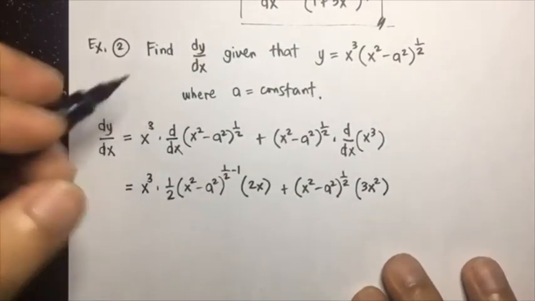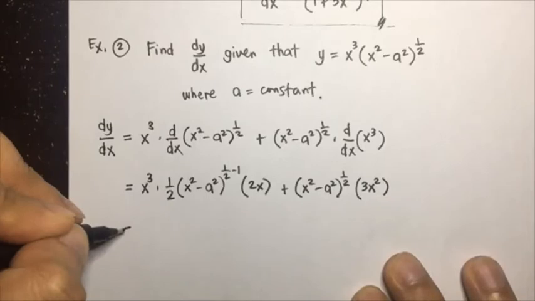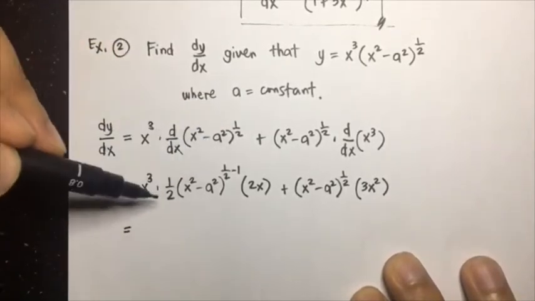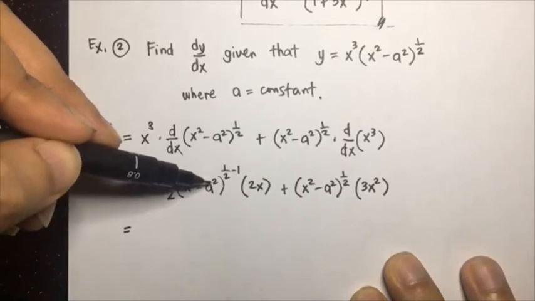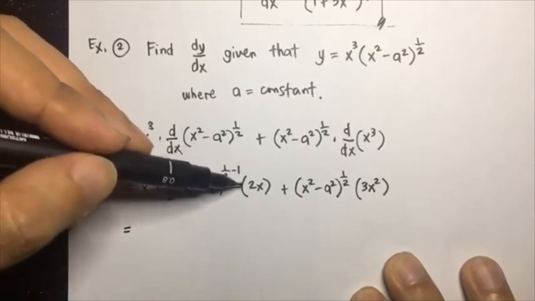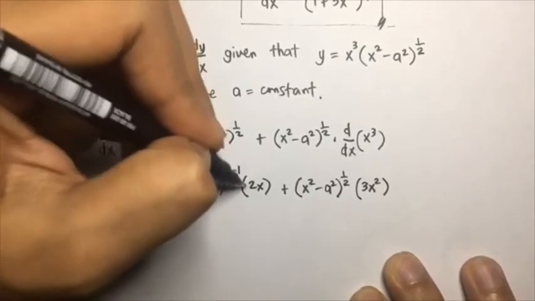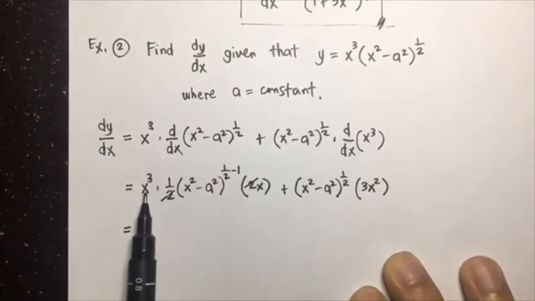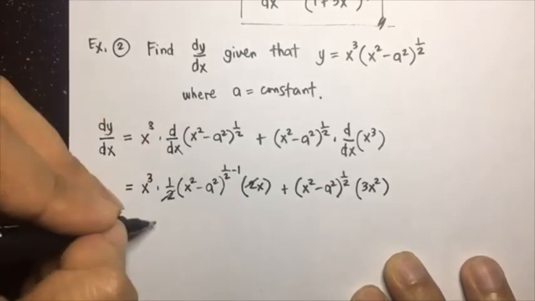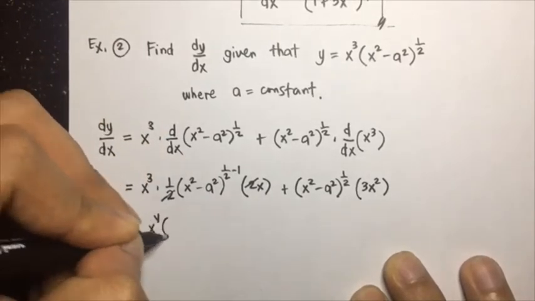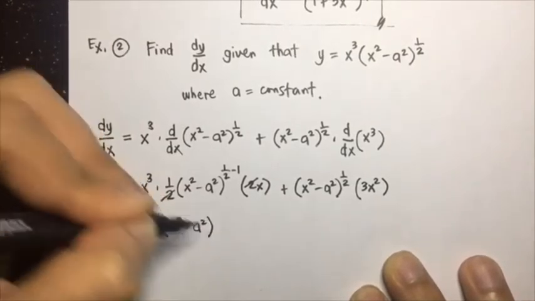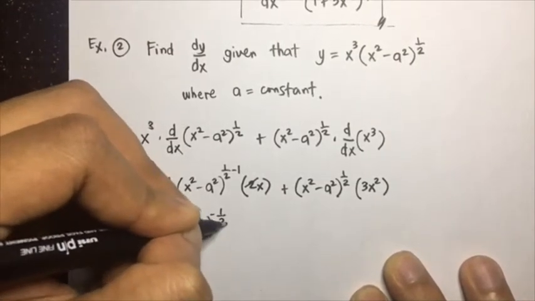Okay, so simplifying, so we have here x squared times 1 half times x squared minus a squared raised to 1 half minus 1 times 2x, so we can cancel 2, right? And then multiplying x times x cubed, so that is x to the power of 4. And then we have x squared minus a squared raised to negative 1 half.